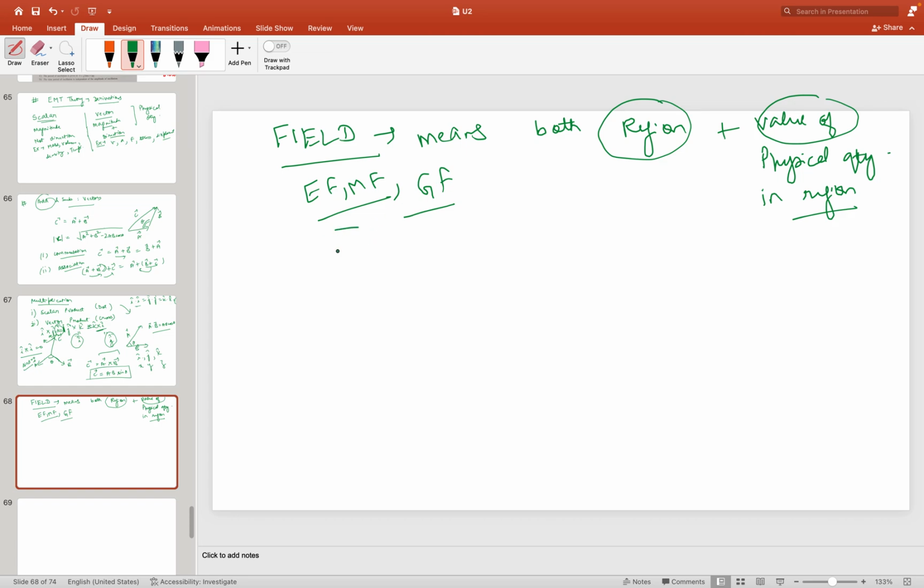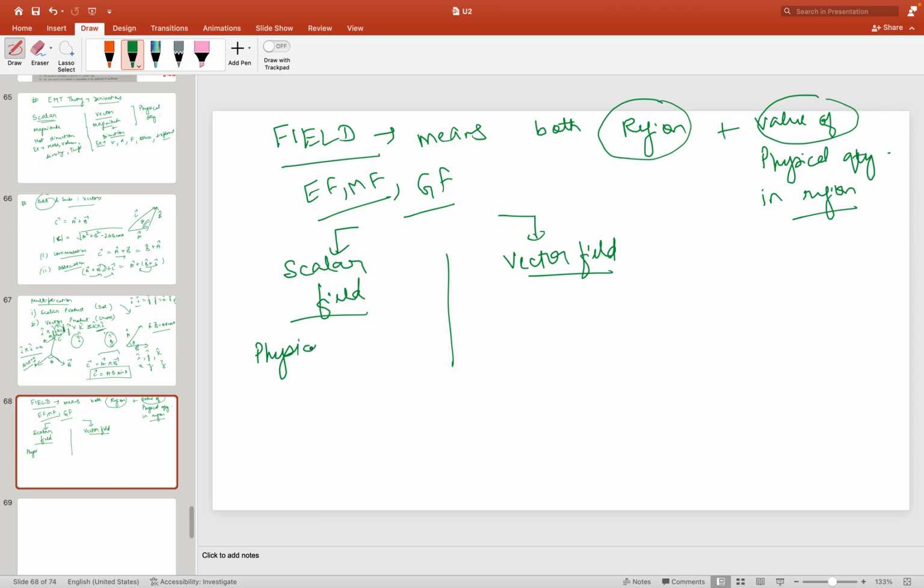Now field can again be of two types. It can be a scalar field, and the other type of field is a vector field. You already know that electric field, magnetic field, these are vector in nature, right? If the physical quantity about which we are talking is a scalar, then it's a scalar field.